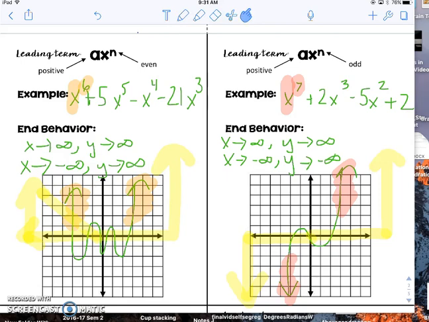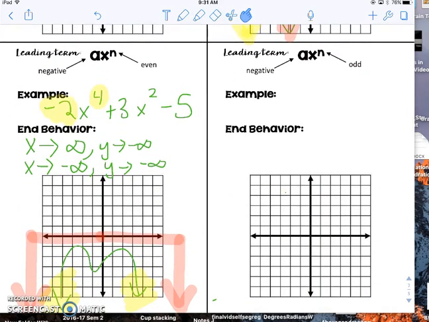And then we can take a look at one last one here. If it is odd, but it is negative. So for example, negative 3x to the 5th minus 5x squared plus 3x minus 4. So it's a bendy straw, but our bendy straw starts high and goes low.